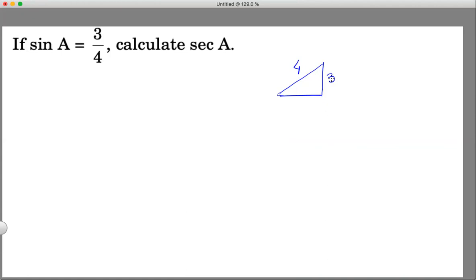This is √7, 16 minus 9 under root, which is √7, right? And sec A is 4/√7, hypotenuse 4 by base √7. Okay, so this is the simplest way of doing it. You can always do it using identities also.